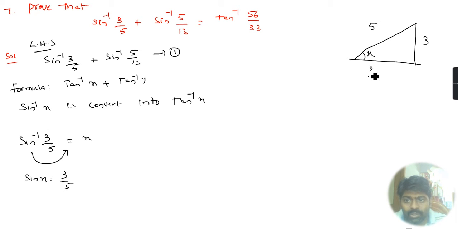Then we find the remaining side using the Pythagoras theorem.